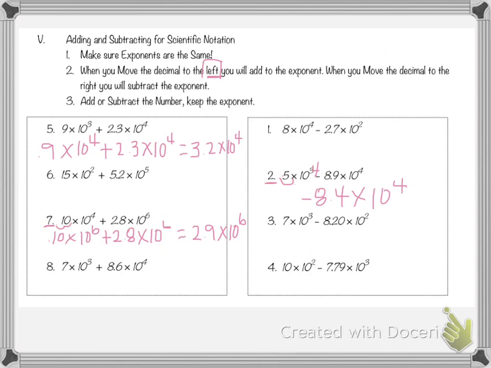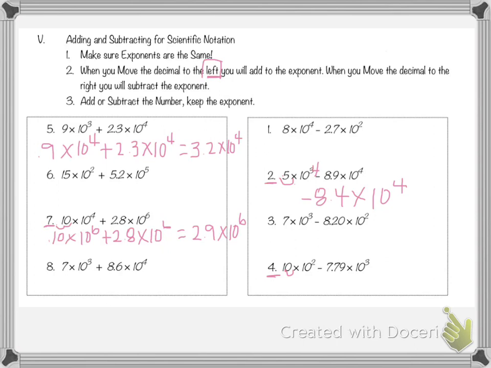All right, let's do number 4 down here, another subtraction one in my crazy numbering system here. So move your decimal. So we'll move that decimal on the 10, and we'll make it a 1.0. So when we move it to the left, we're going to add an exponent.